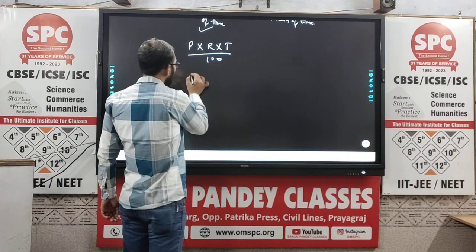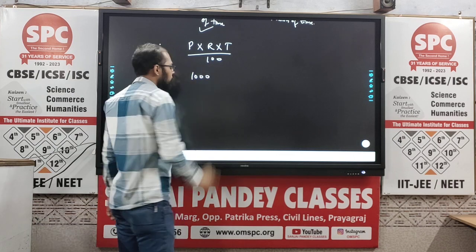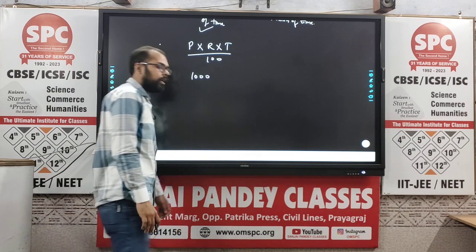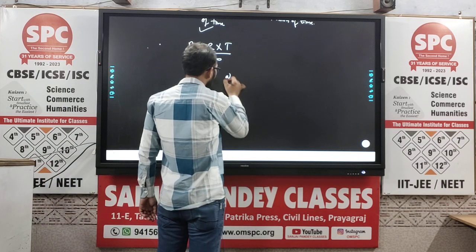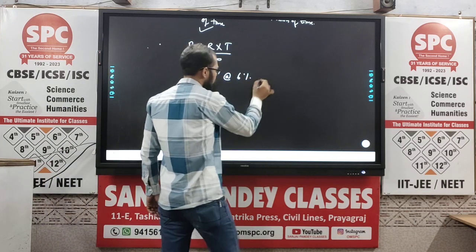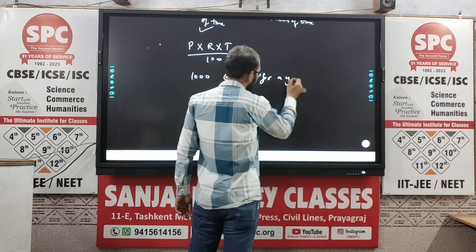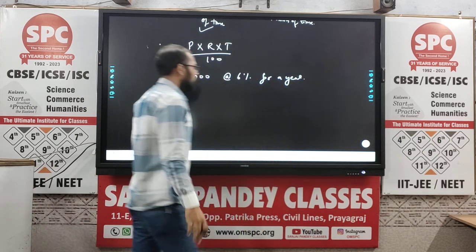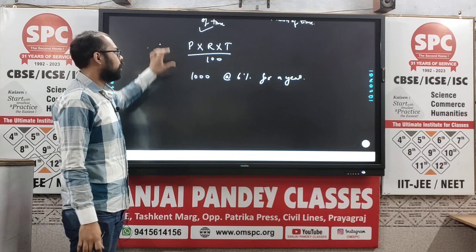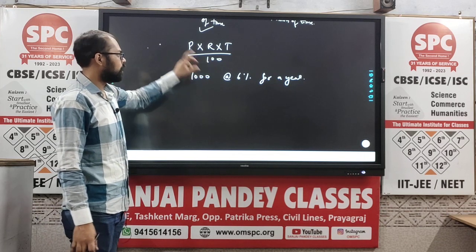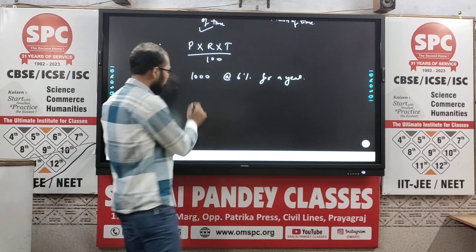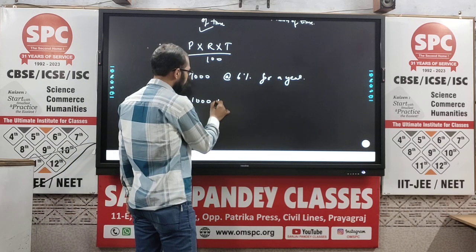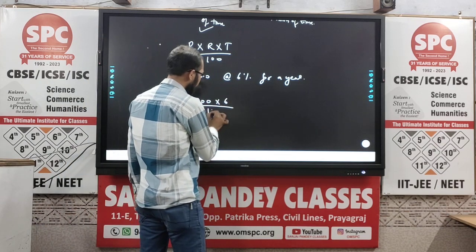Suppose on rupees 1000, you have to calculate interest for a year, 1000 at the rate 6% for a year. Then you have to apply that basic formula and you will get your interest amount, that is 1000 into 6 by 100.